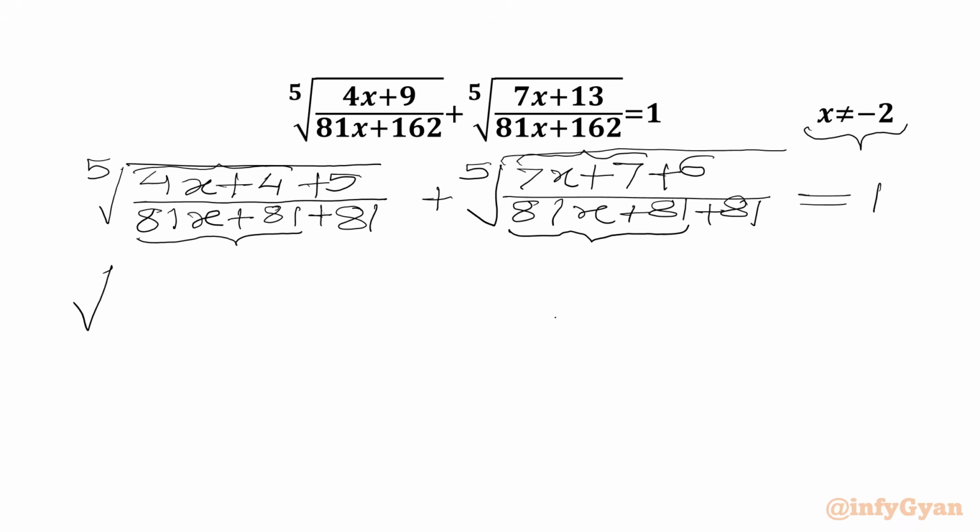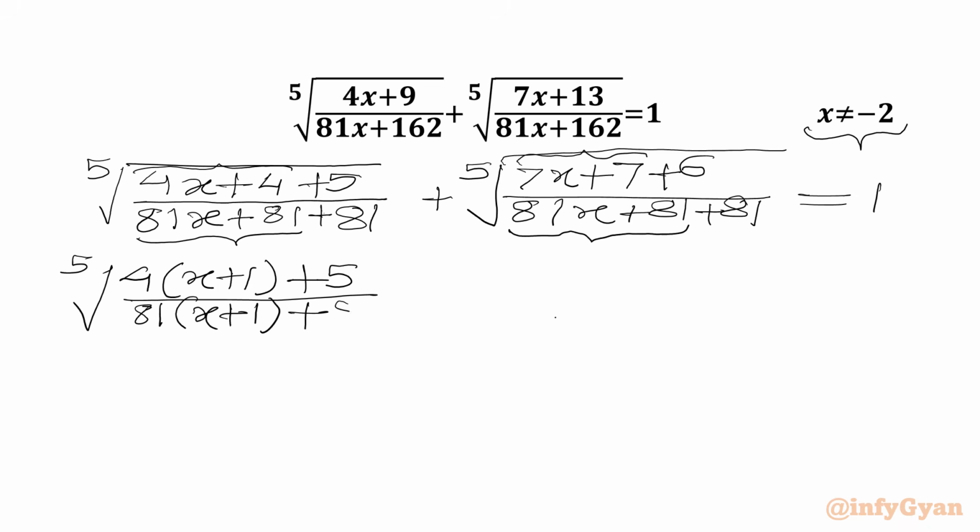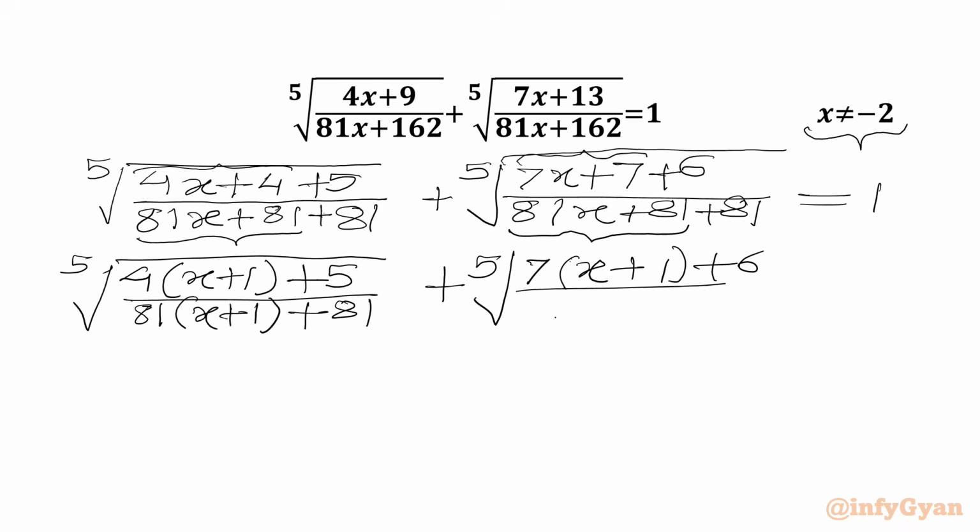We will get fifth root of 4 times x plus 1 plus 5 over 81 is common, in bracket x plus 1 plus 81, plus fifth root of 7 is common, in bracket we will write x plus 1, then we have plus 6 in the numerator, and in denominator we will write 81 common, in bracket x plus 1 plus 81.